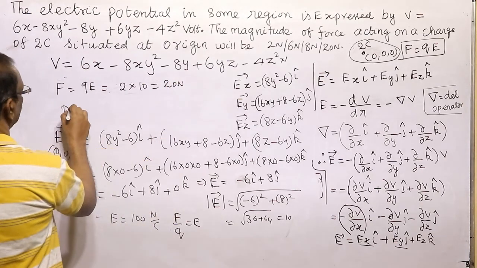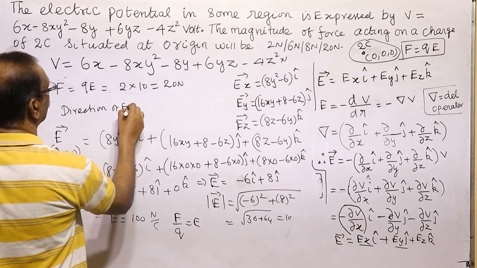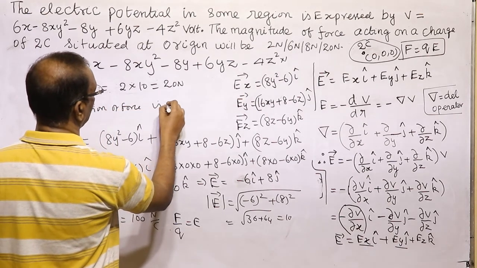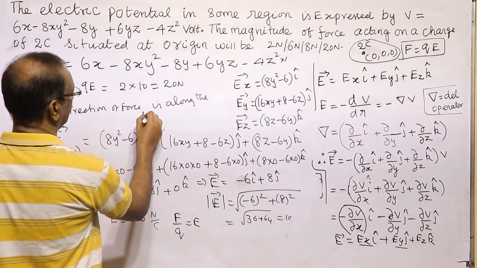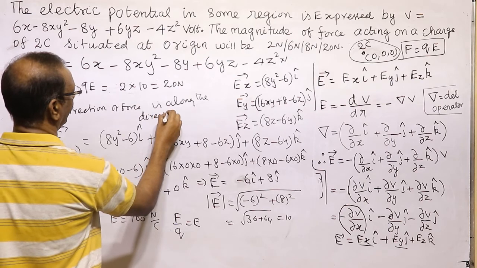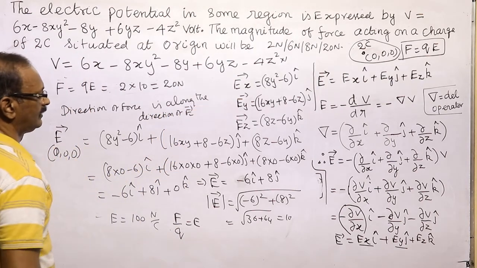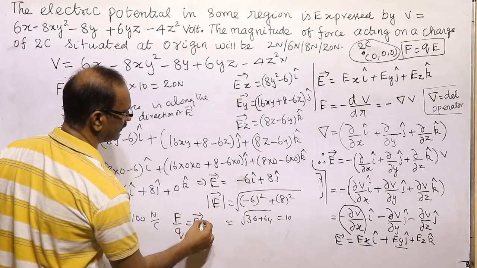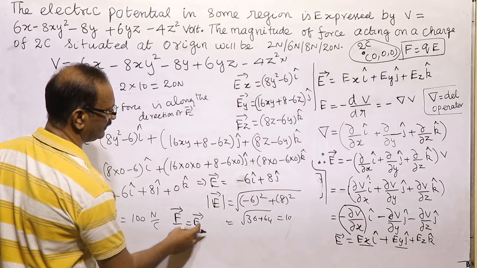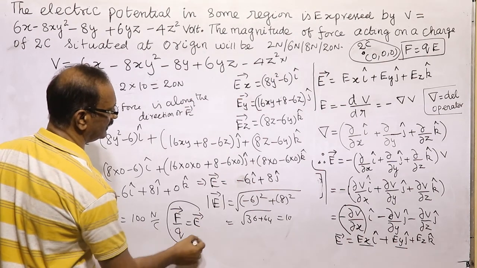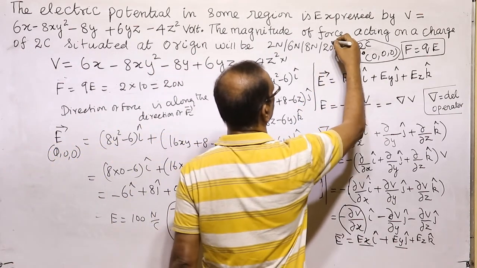The direction of force is along the direction of the electric field, because the electric field has a direction while this is a scalar, so in the same direction as the electric field, the force will be there. So this is equal to 20 Newton. This is the answer.